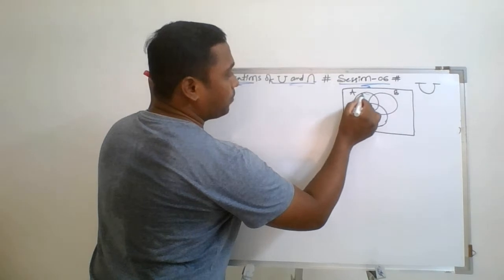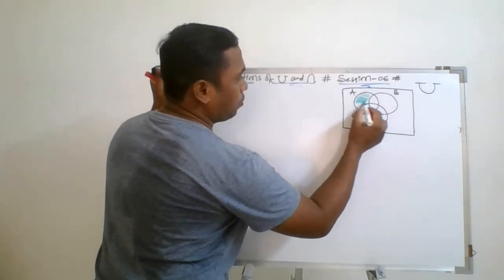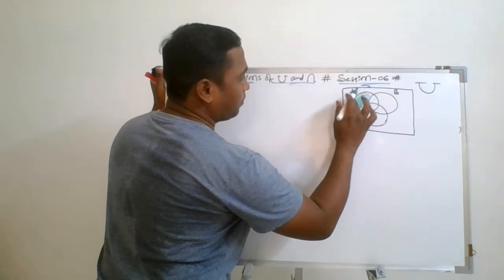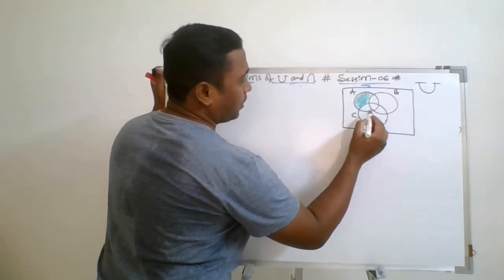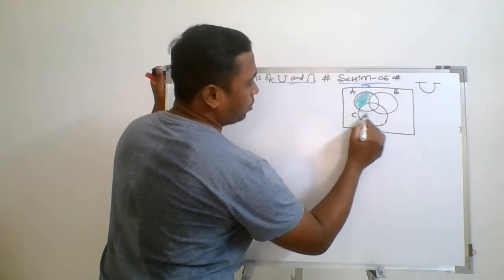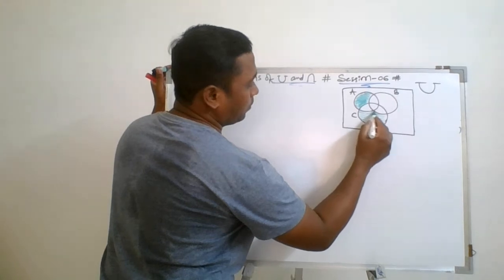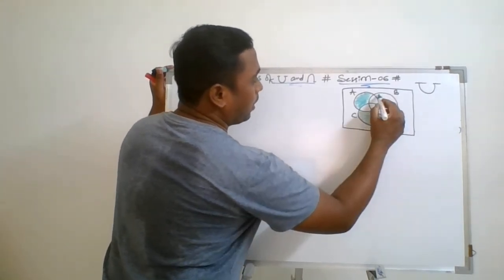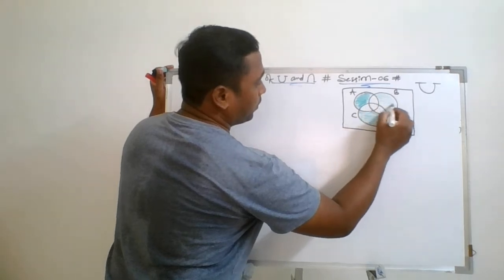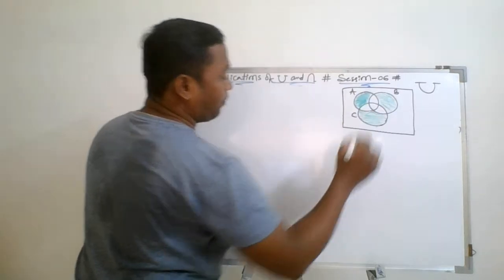See, first the green portion. You can see the green portion. I'm talking about only the green portion, and here the green portion. Here also the green portion. Okay.